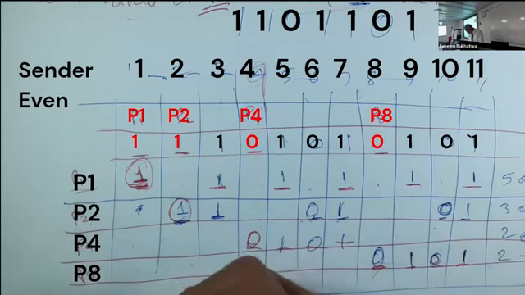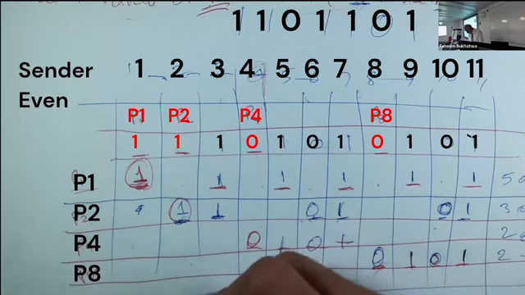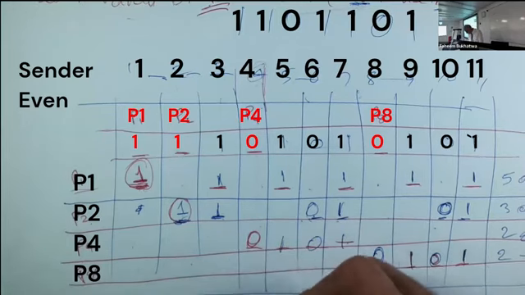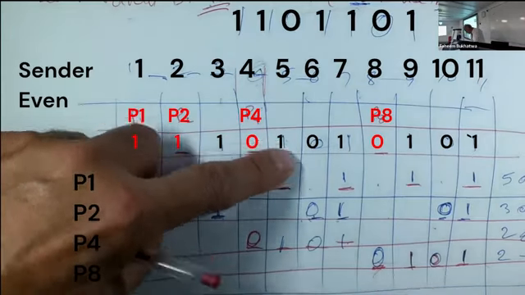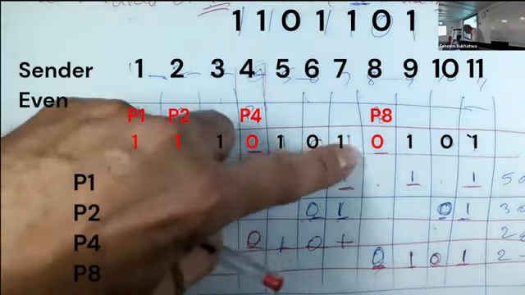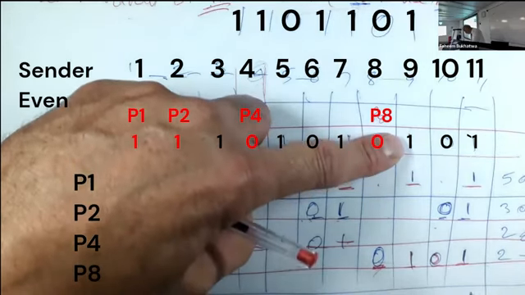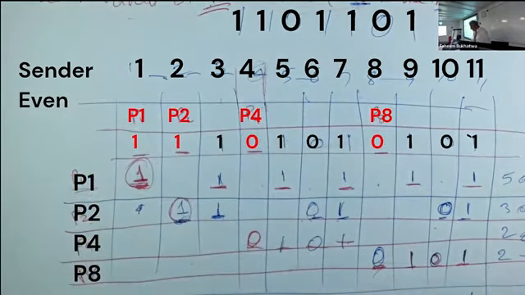I'll just mark the parity bits in red, but you don't have to, just for now to understand which ones are the parity ones. The rest of them are the normal data, 1, 0, 1, 1, 0, 1. And this is the frame.